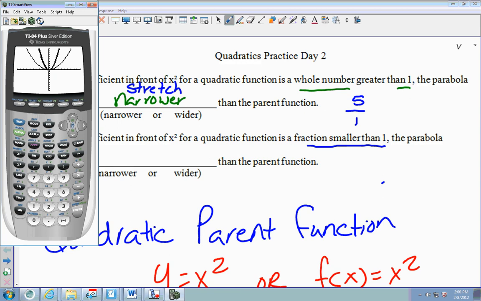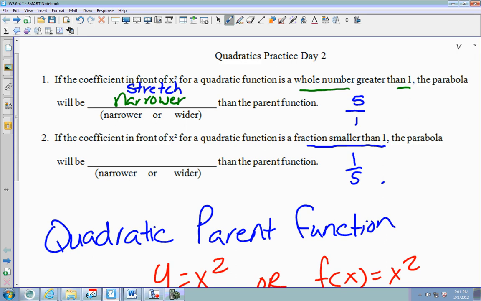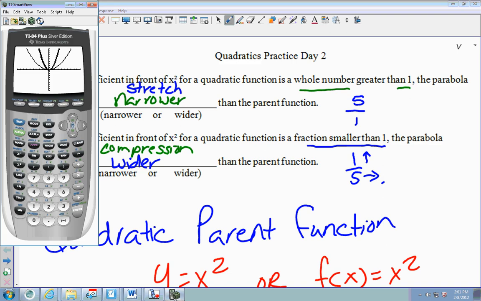Well, that's because I'm going up 1 and over 5. I'm going over more. That's going to make it wider. Now, we're going to call that a compression. Just like if the parabola was a marshmallow and I took this parent function and squished it together, it would make it fatter.